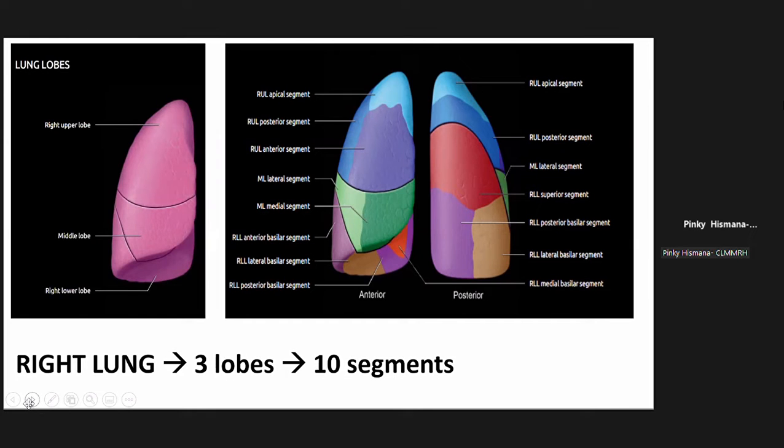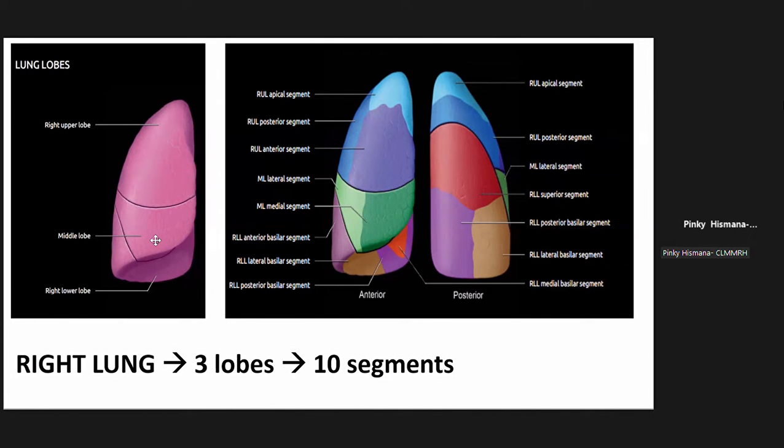I guess you know this, that other than the lobes, the lungs are also divided into segments, right? So for the right lung, we have 3 lobes, and these 3 lobes are further divided into 10 segments. The right upper lobe is divided into 3 segments: the apical, posterior, and anterior segment.